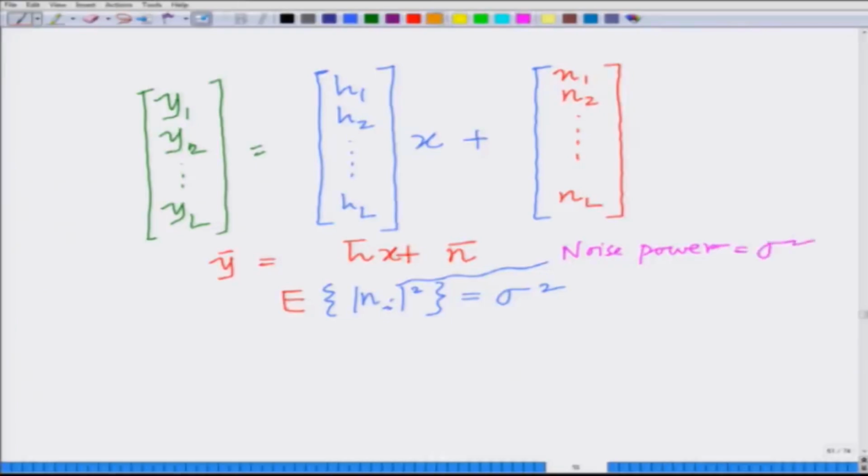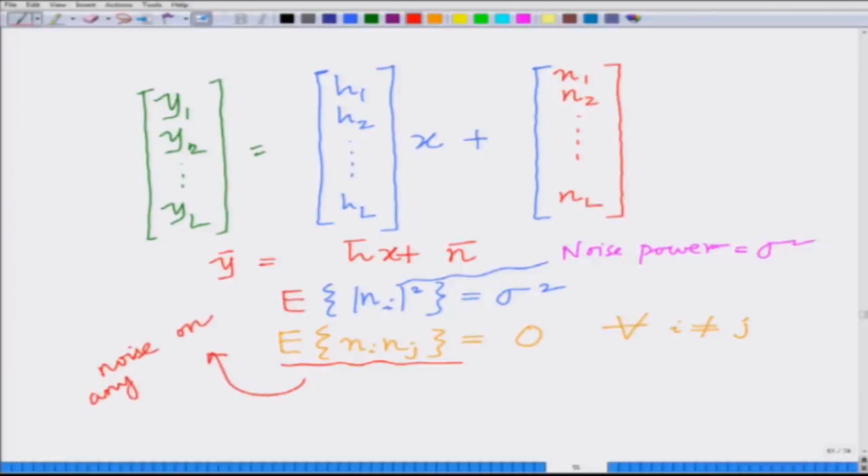Further, we can also assume that the noise on any 2 antennas is uncorrelated, that is, the expected value of Ni Nj equals 0 for all i not equal to j, that is, noise on any pair of antennas is uncorrelated.